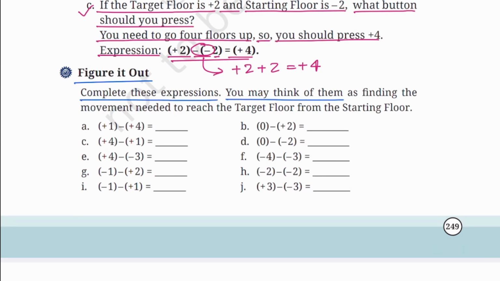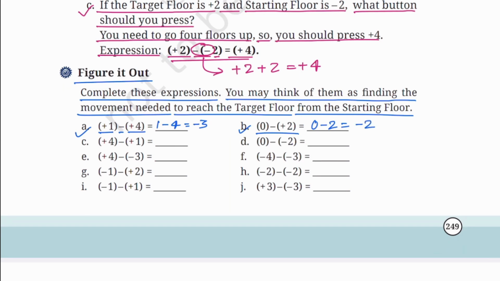Figure it out. Complete these expressions. You may think of them as finding the movement needed to reach the target floor from the starting floor. A: plus 1 minus plus 4, that is 1 minus 4, which is equal to minus 3. B: 0 minus plus 2, that is 0 minus 2, which is equal to minus 2.